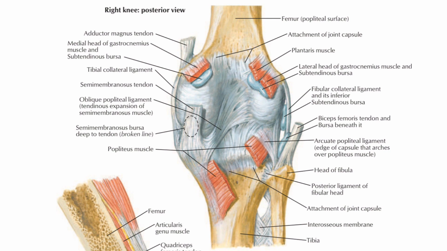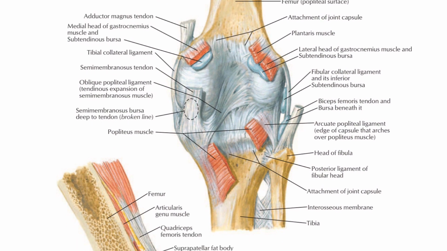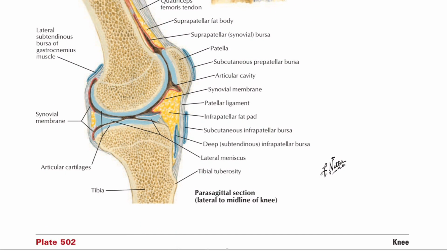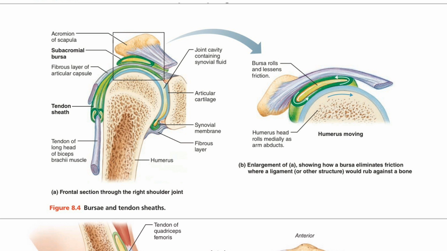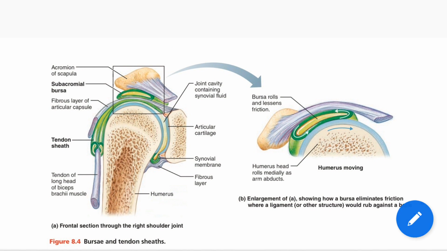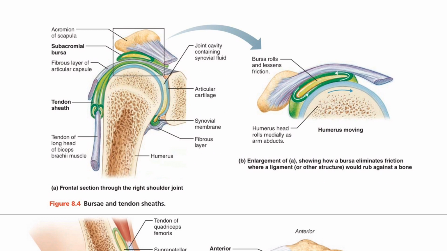So the synovial joint is covered by the ligament. Then this is our shoulder joint. You read all the names.